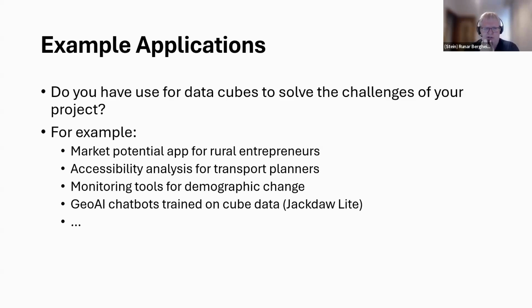We have a market potential app for rural entrepreneurs or planners. I mean, entrepreneurship is the domain of the private sector. The public sector generally should look at economy and land use. So we can say this area is designated for commerce, this is designated for residential, this is designated for industry.